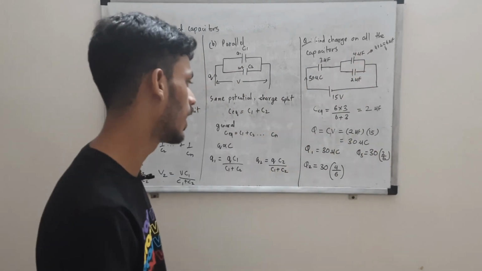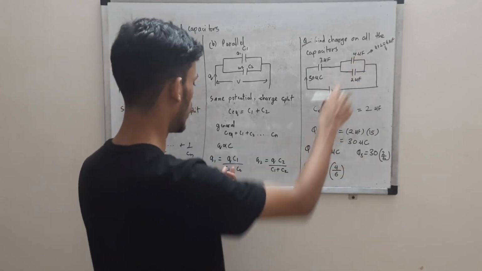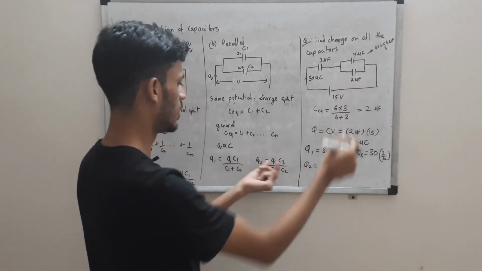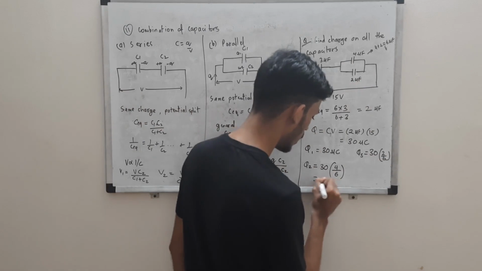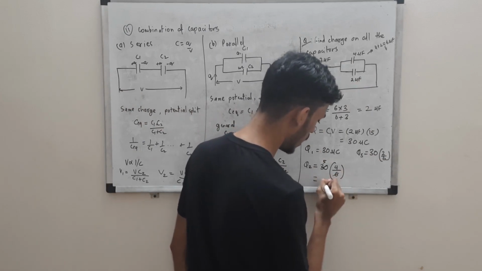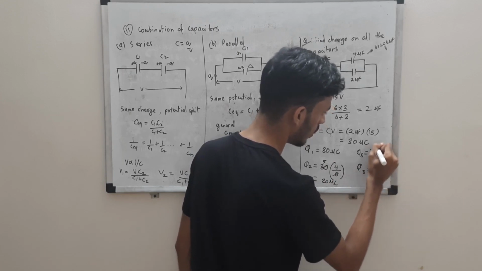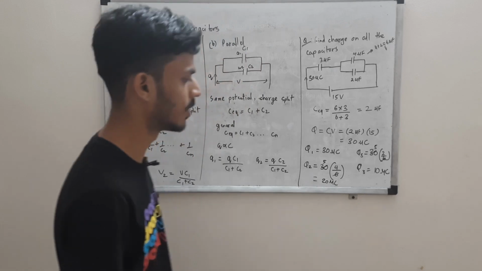Or you can use the same formula: total charge times C1 divided by C1 plus C2. So this will give you 5 4s are 20, so this is 20 microcoulomb, Q2, and Q3 is 10, right? So you got the charges on each of the capacitors.